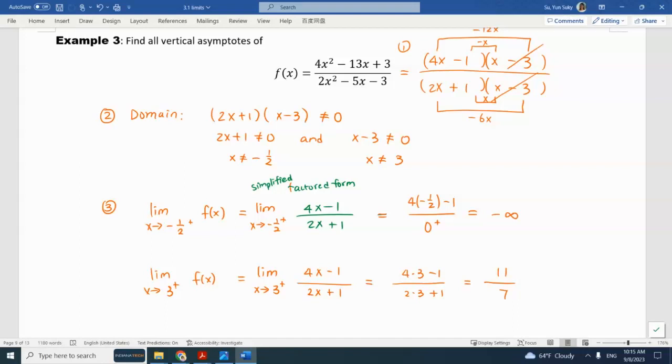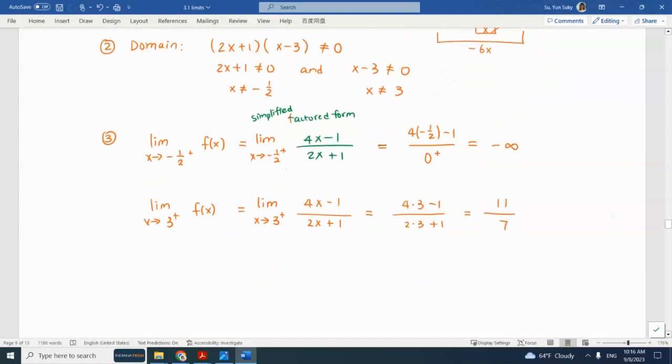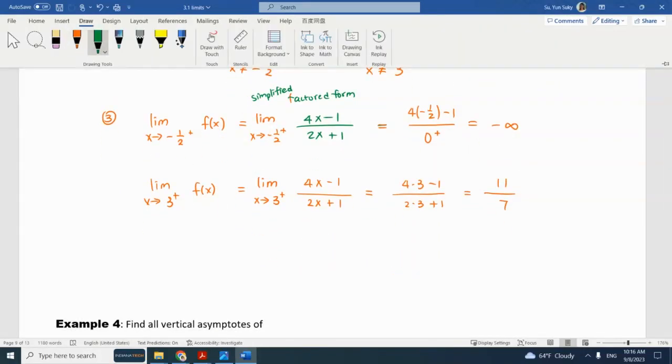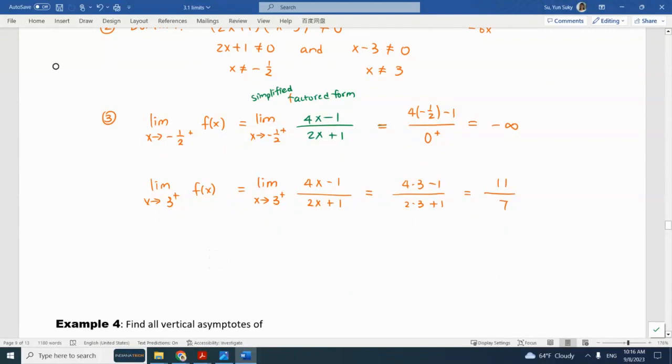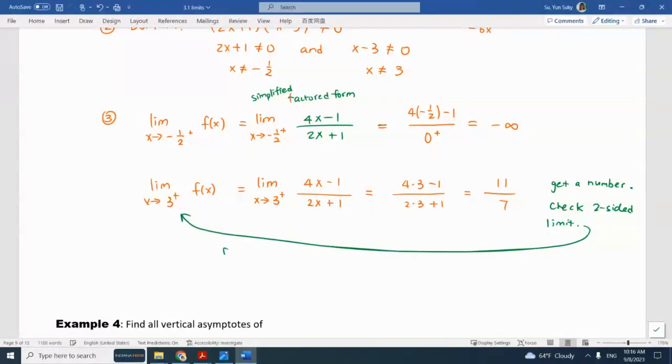Okay, everybody? So we go back and erase the plus. Let me write it down on your notes. So if you get a number, that means you need to check the two-sided limits. So go back and erase the plus sign.